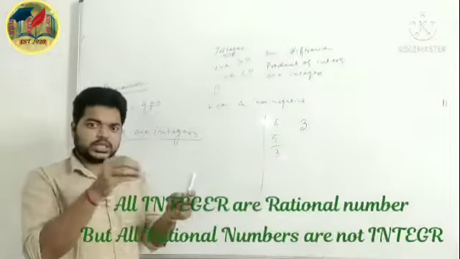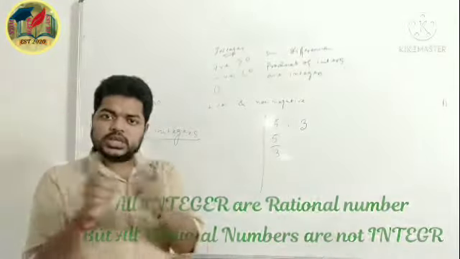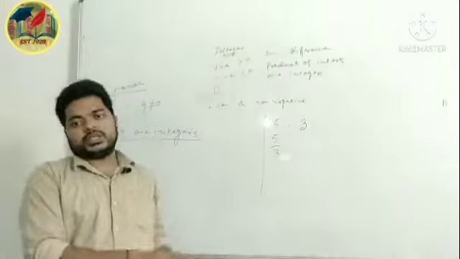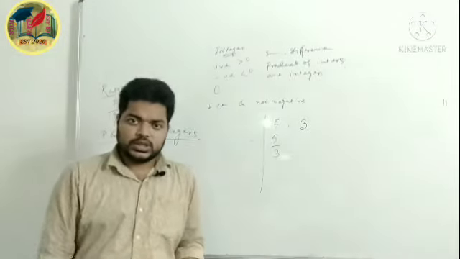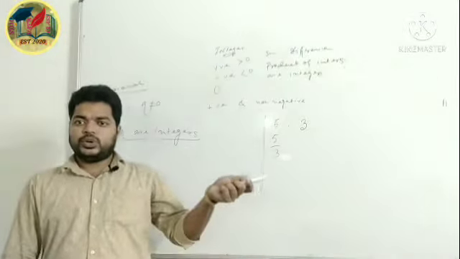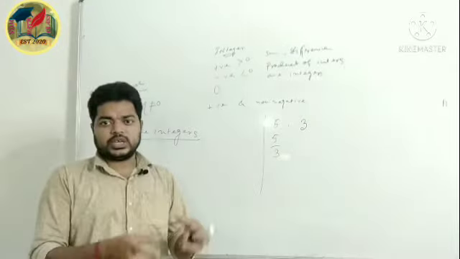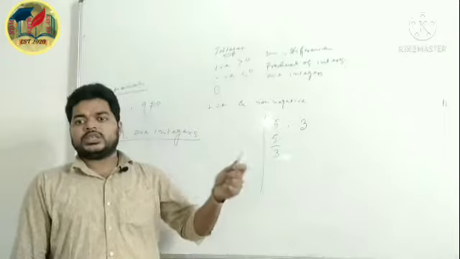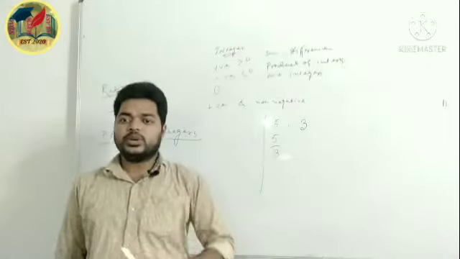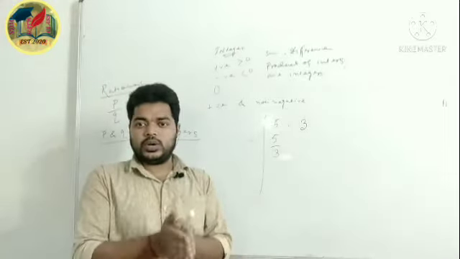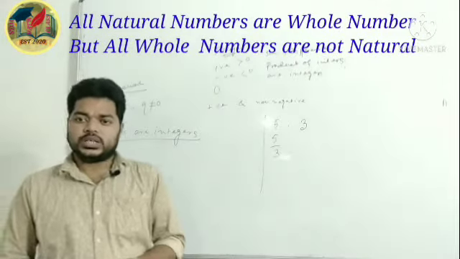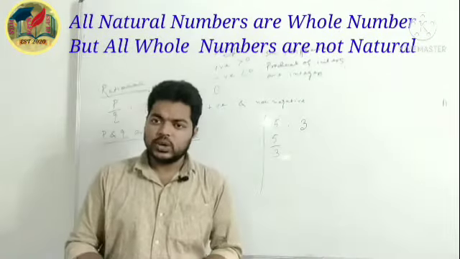There is a connection between natural numbers, whole numbers, integers and rational numbers. Clear? Now when we discuss rational numbers, whole numbers, integers and natural numbers, there is some connection between natural numbers and whole numbers. That is, every natural number is a whole number, but all whole numbers are not natural numbers.